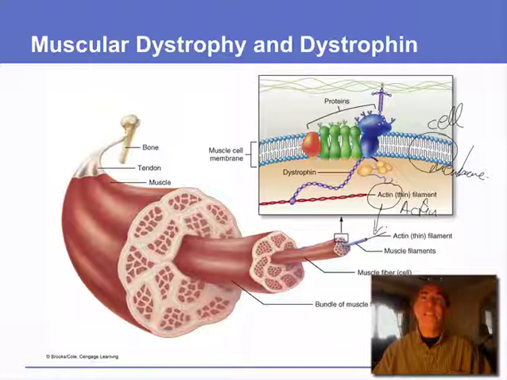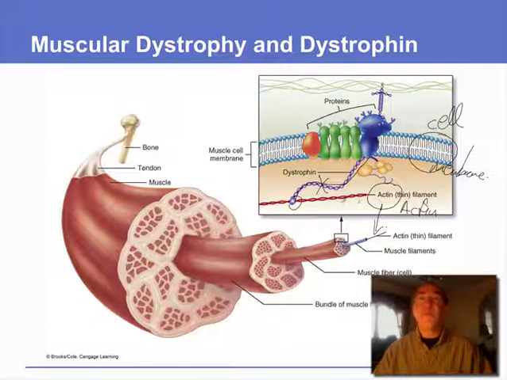This protein called dystrophin connects the actin muscle fiber to the proteins in the cell membrane. If this dystrophin protein does not work, then the actin fiber will contract and it will just rupture the cell membrane, and thus the cell will die.